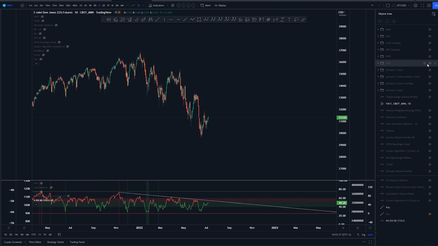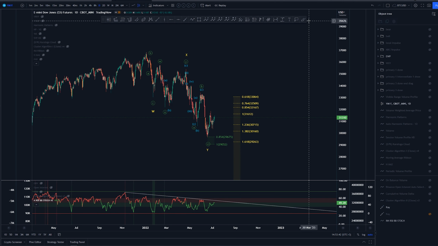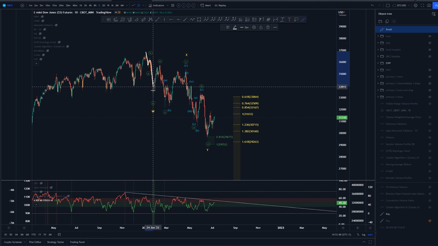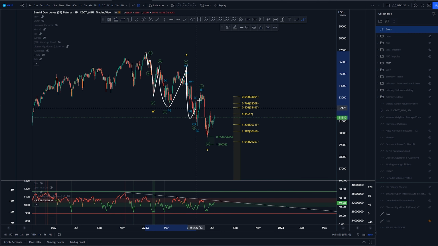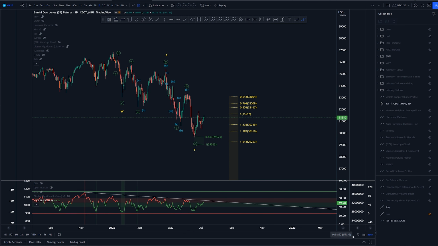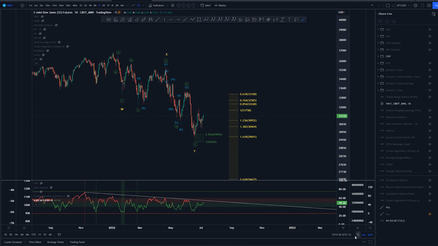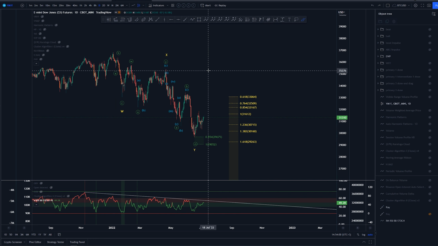To me, this looks better with a completion of this structure other than the other indices that I've looked at. And at the moment we can see this as a W, X, and now this would be a wave Y. Now on arithmetic scale, we do get beyond the 1.382, and on logarithmic scale right to the 1.618. So very good looking structure overall here.